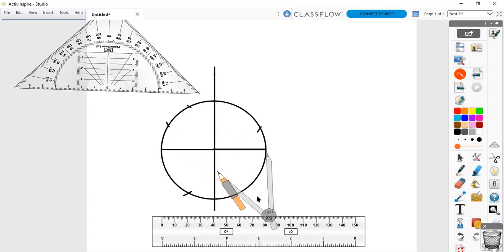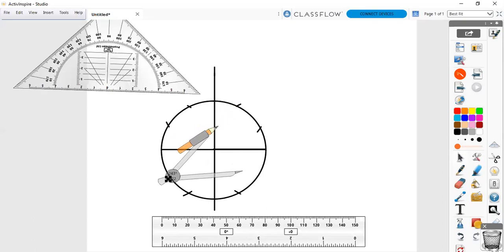Use the second point over here. Mark one arc on the lower side and same way on the upper side like this.